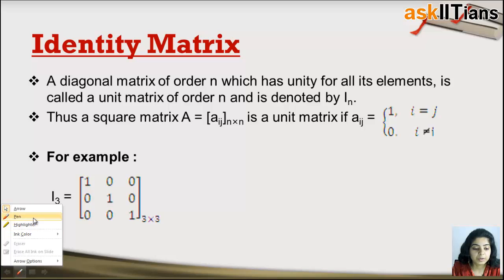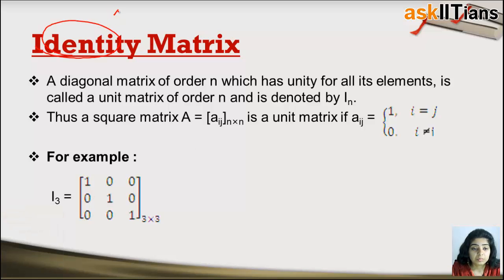Next is the identity matrix. Identity matrix, all of you must be knowing, has something to do with the identity 1. So again a diagonal matrix. What do you mean by a diagonal matrix? We have just discussed. Diagonal matrix means elements on the diagonal have to be something, and except on the diagonal all we have are zeros. A diagonal matrix of order n which has unity for all its diagonal elements is called a unit matrix.